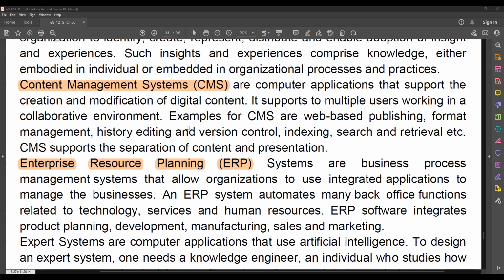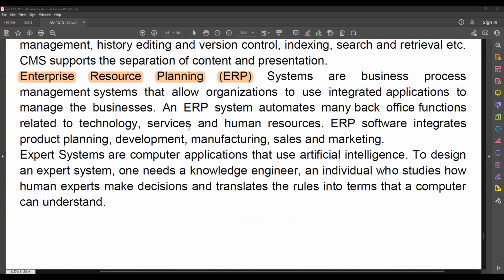Then enterprise resource planning, that means when you have very large organizations, right? In very large organizations, from the beginning to the end, planning, development, manufacturing, sales, marketing, everything, you have to put everything together. Let's say a product development company, like Coca-Cola, for example.